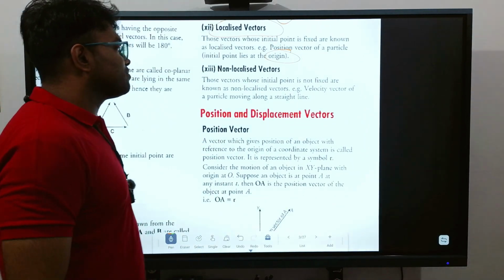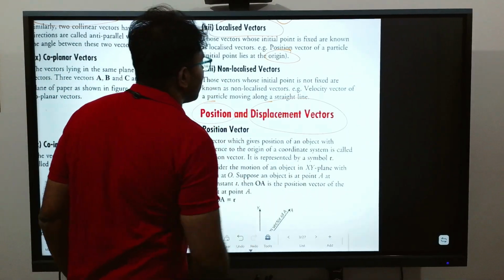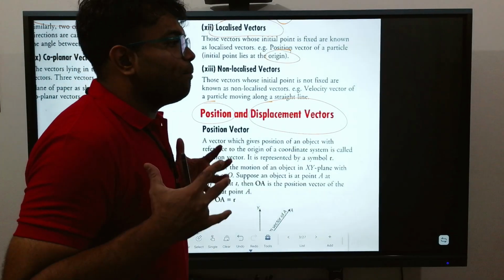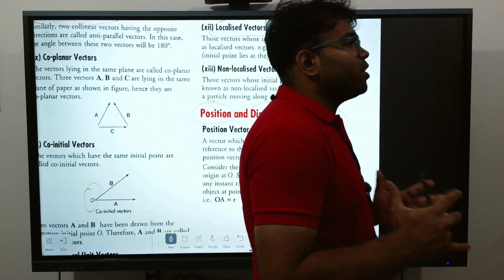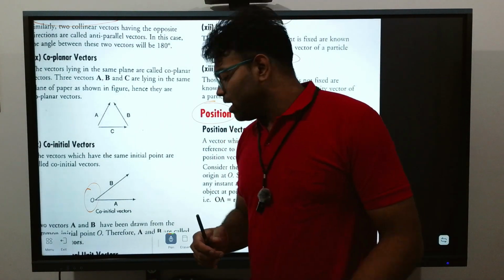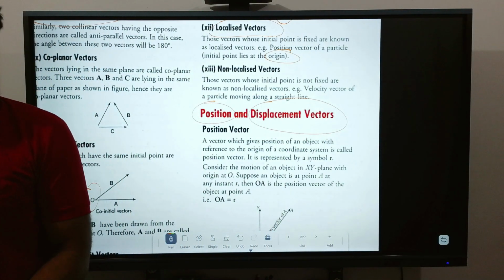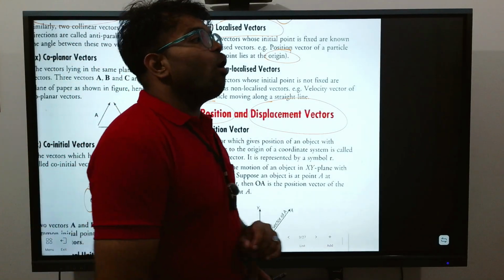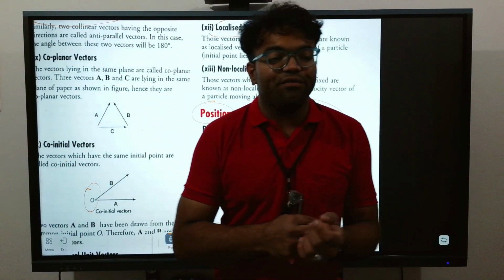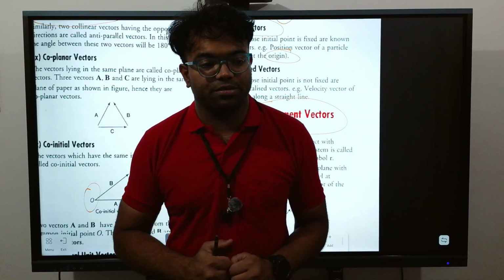Did you understand this? Okay, now the next thing is we are going to understand what a position and a displacement vector mean. Now, a position vector is representing the position of a point with respect to the origin.